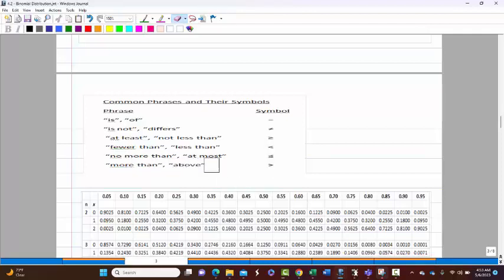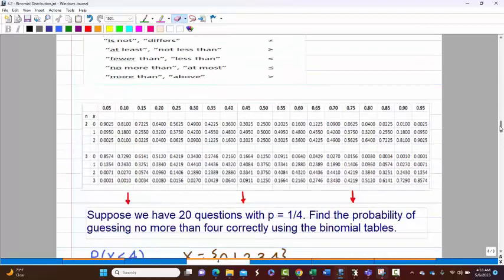"No more than" and "at most" mean less than or equal to, if it doesn't just say less than or equal to. "More than," "above," and "greater than" are all the same thing. So it's not my goal here to trick you, but we do have to be able to read these things and turn them into the proper symbol to get the proper probabilities.